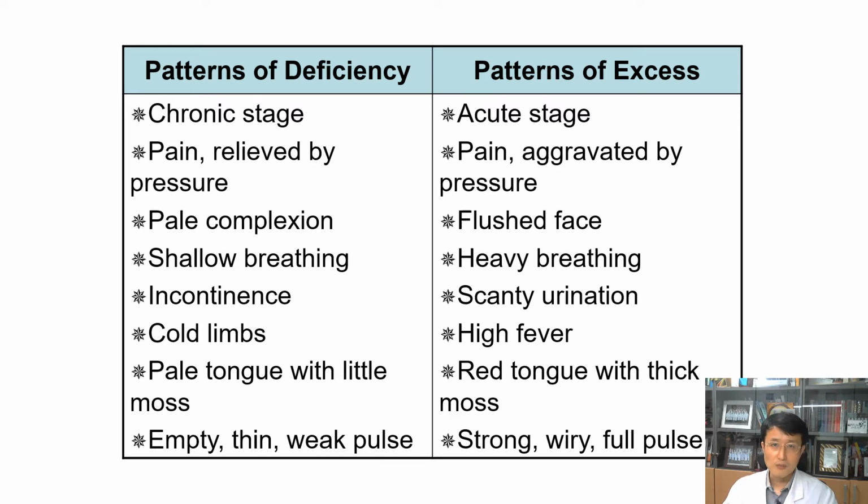This is more common in the chronic stage of illness. The deficiency pattern generally manifests pain which is relieved by pressure, pale complexion, shallow breathing, incontinence, cold limbs, pale tongue with little coating, and empty, thin, weak pulse.